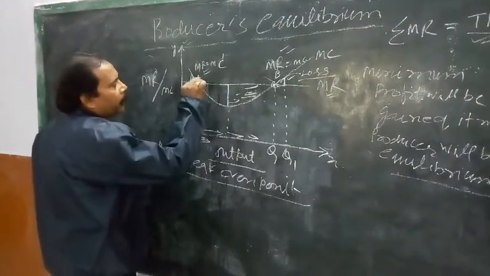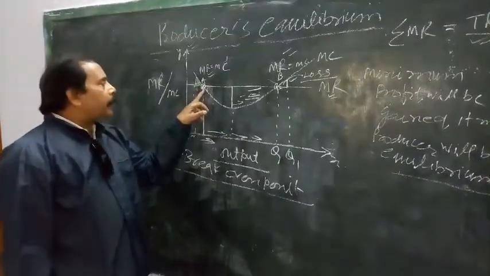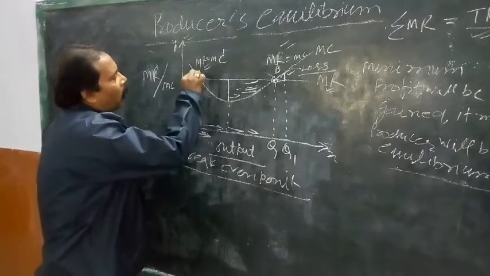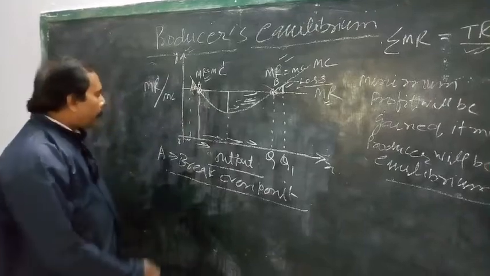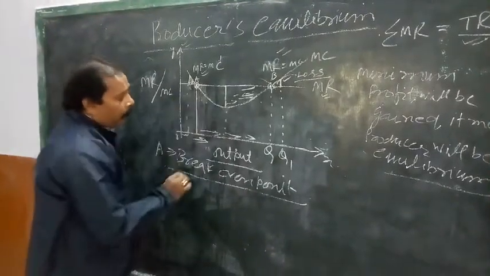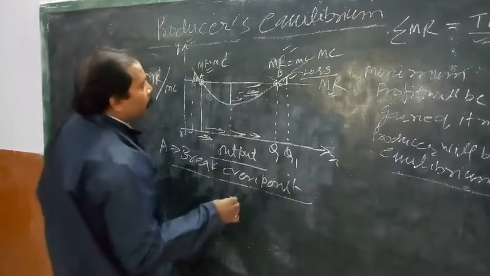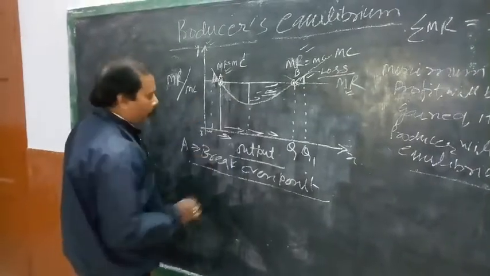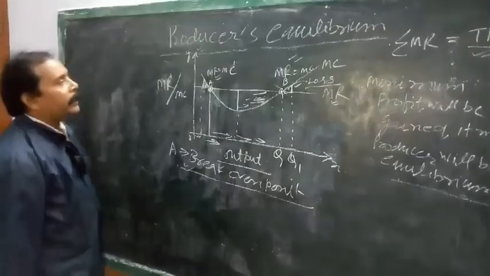So this is the point where he is earning more profit in respect of these areas, and here he is facing a loss. So A is the point from where the producer starts to earn profit. Okay, he is not earning the maximum profit, but he starts earning profit. That's why A is considered as the break-even point.